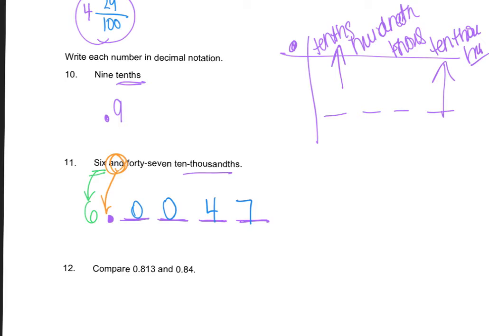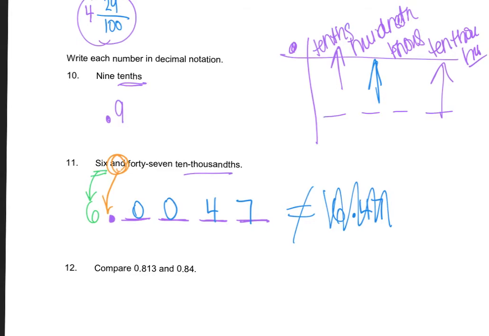It's important because that number that we just wrote is different from that number, right? The number on the left says 6 and 47 10,000ths. The number on the right says 6 and 47 hundredths. And I know that because I'm only ending 2 places over to the right. So they're not the same thing, okay? You cannot just drop zeros out.